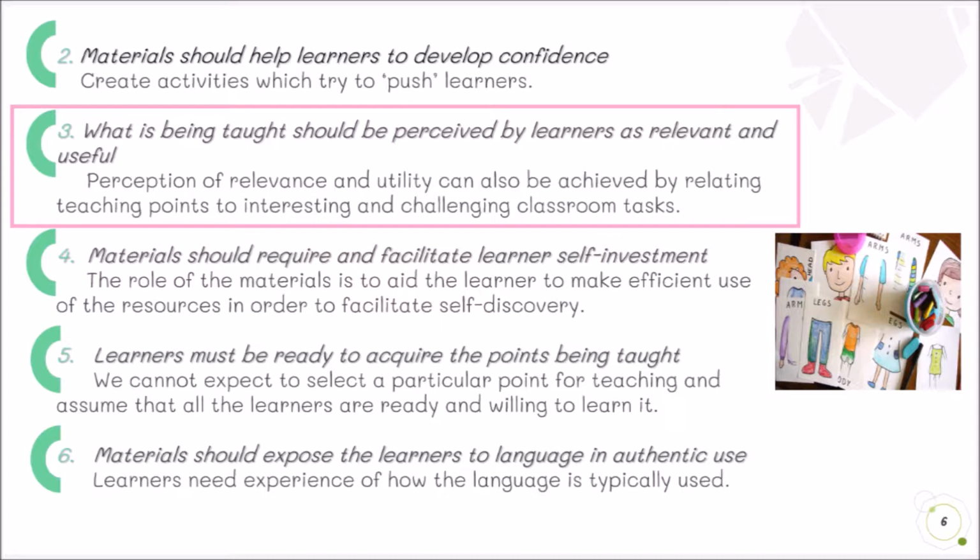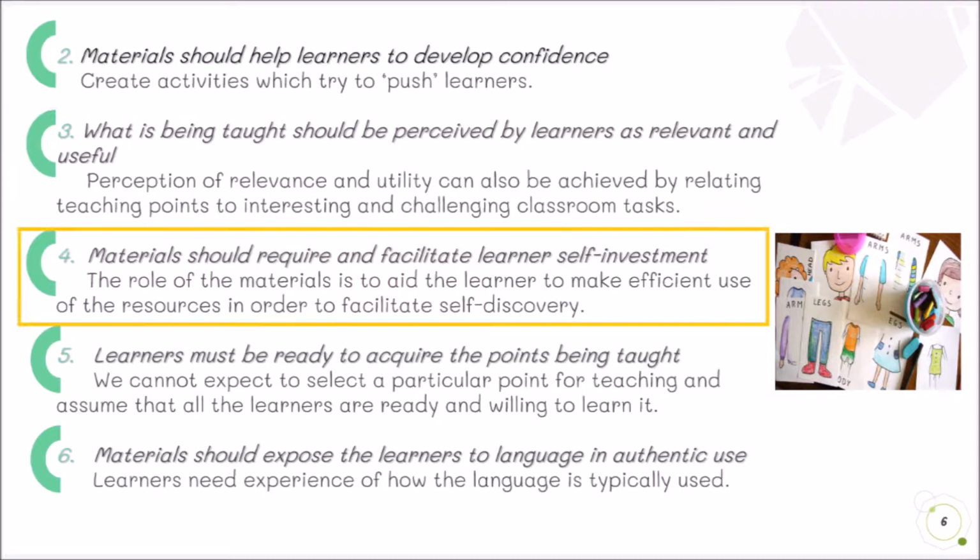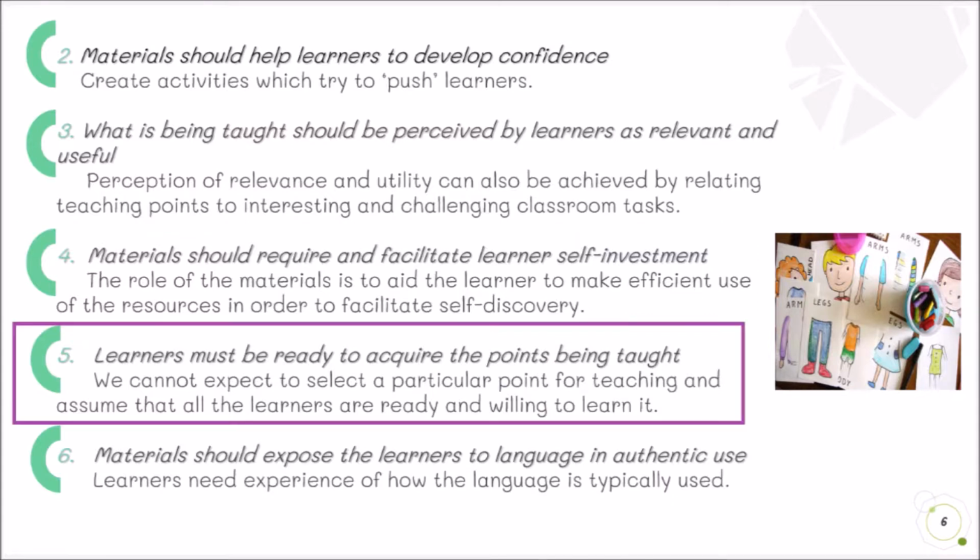This will help the materials adapt to the students and they will understand the usefulness of each lesson. Fourth, materials should require and facilitate learner self-investment. The role of the material is to aid the learner to make efficient use of the resources in order to facilitate self-discovery.